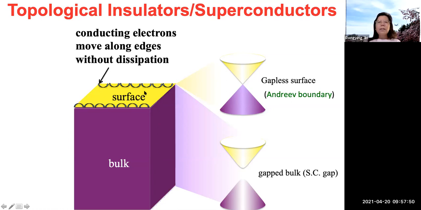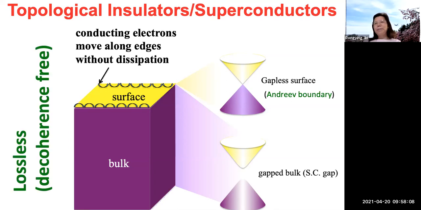So for topological insulators, you would have edge current, which is dissipationless. When we have no dissipation, that means we are not going to lose any information, so we would not expect any decoherence. That's the spirit of this kind of materials.